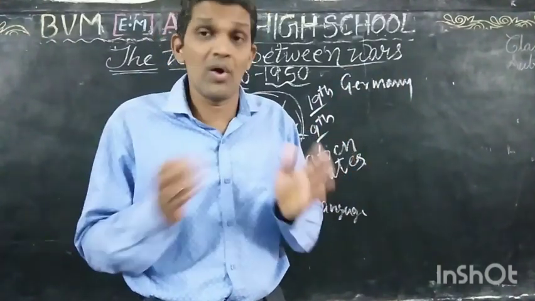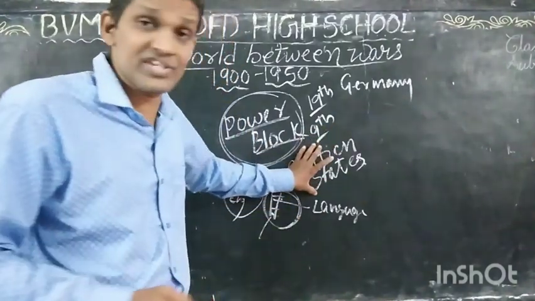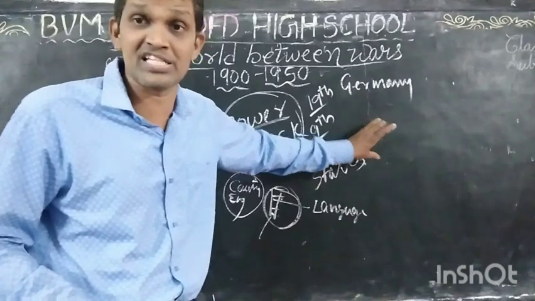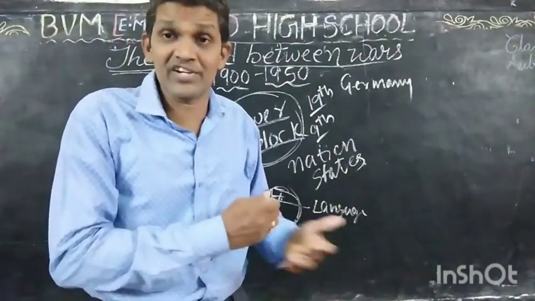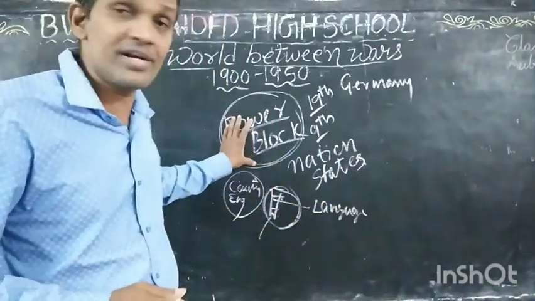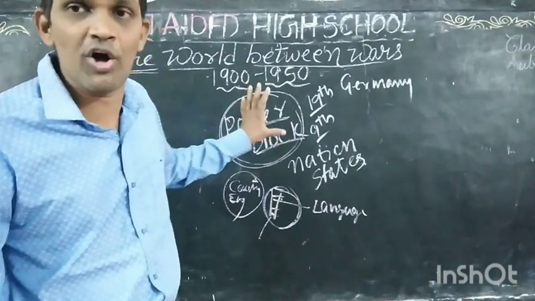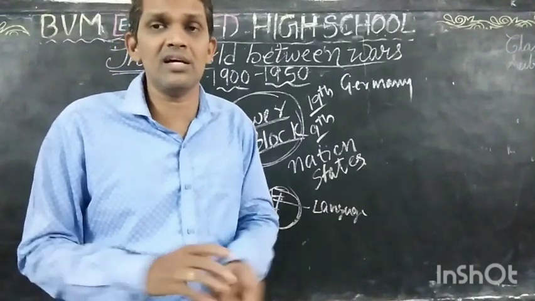But what is the impact of industrialization? All these nation states, for example Germany, Italy and Britain, formed into groups, into blocks, in order to dominate the other nations in the world.